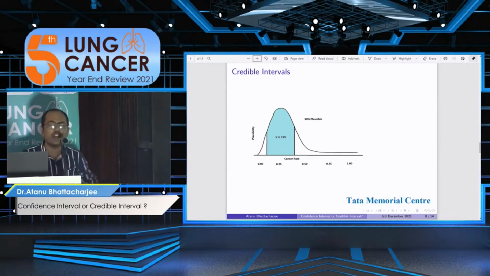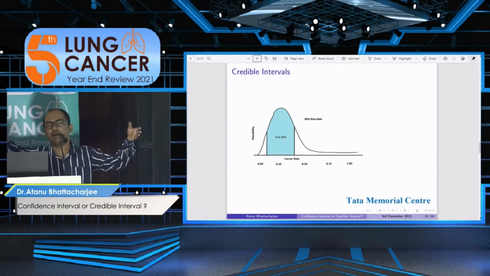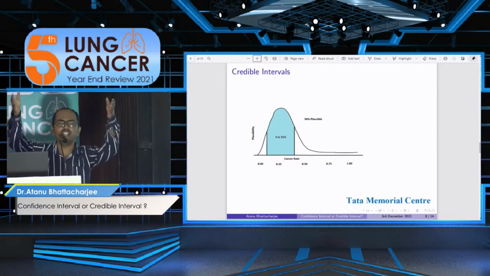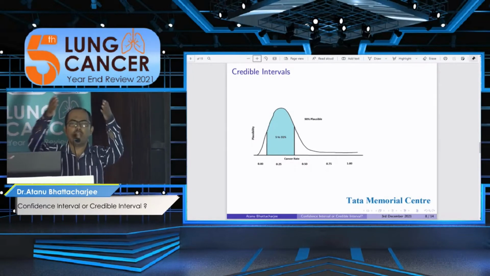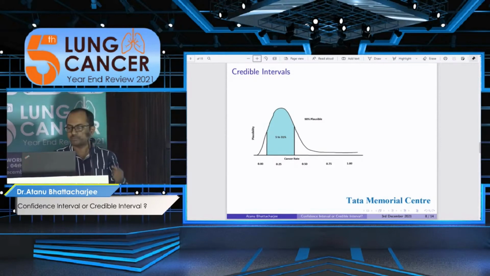So here we have options like 5 to 31%, let's say. So 5 to 31% comes and it covers the 15% regime. The lower bound is 5%, the upper bound is 31%, and then we say our credible interval is 5 to 31%, along with the point estimate of 15%.